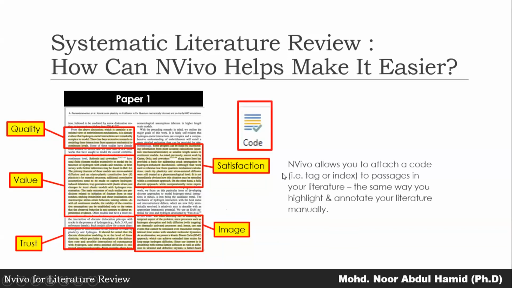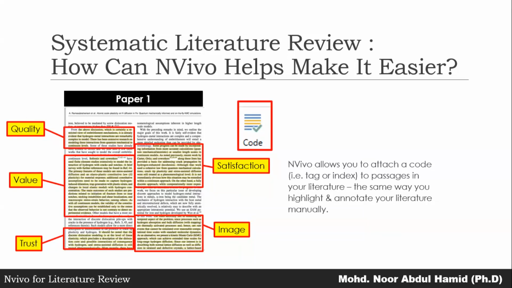NVivo allows you to attach a code. In this case, what we mean by code is not like when you're doing programming or something. A code simply means a text or index to a passage in your literature, the same way you highlight and annotate your literature manually. You will do this for every paper that you've read.